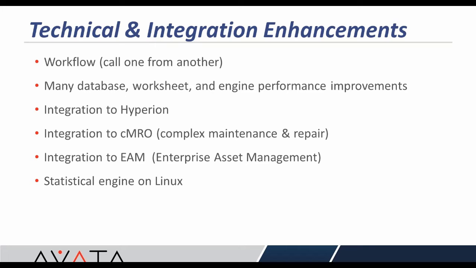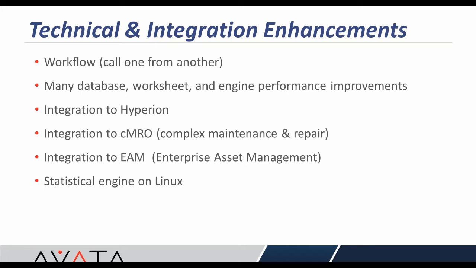Enhancements. Workflow: you can call one workflow from another. There have been several database, worksheet, and series performance improvements between 7.3 and 7.3.1.4. And that's a common theme that you're going to hear throughout this webinar.